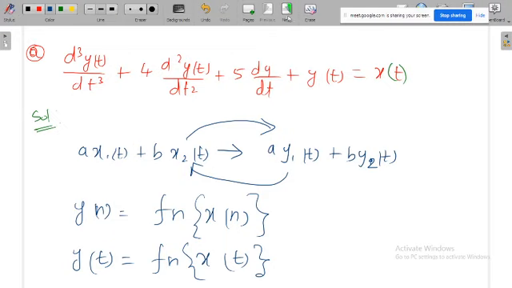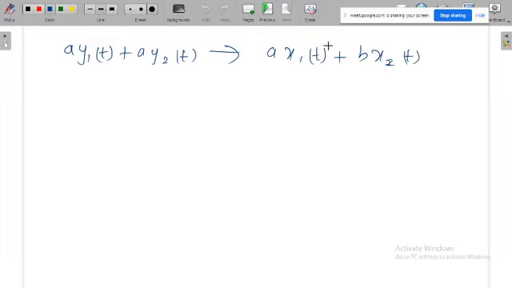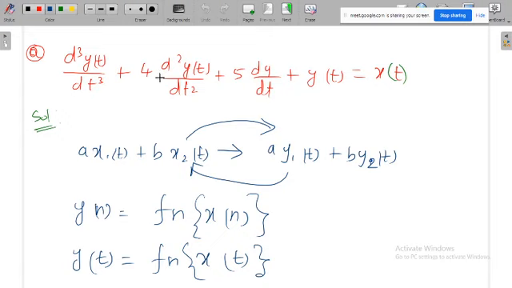So now we'll just reverse and get x1(t) first. How will you get x1(t)? You can get x1(t) when you apply a y1(t). If your output is a y1(t), what could have been your input? Your input could have been a x1(t). So in the given equation, just apply that condition.